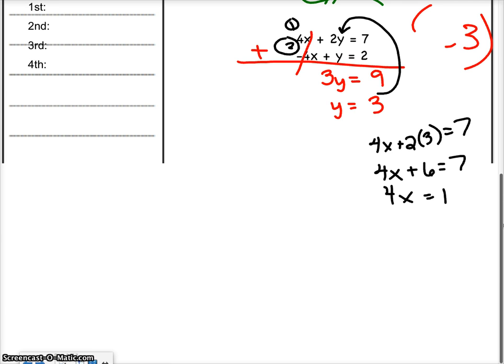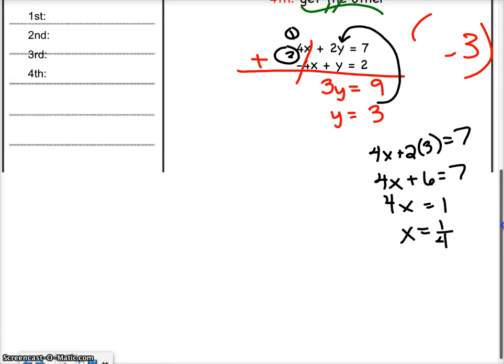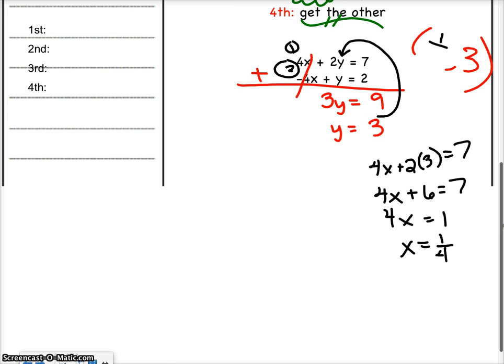I can already tell substitution would have been ugly anyways. x is 1 over 4. So these two lines, remember a system is lines. These two lines intersect at the point (1/4, 3).